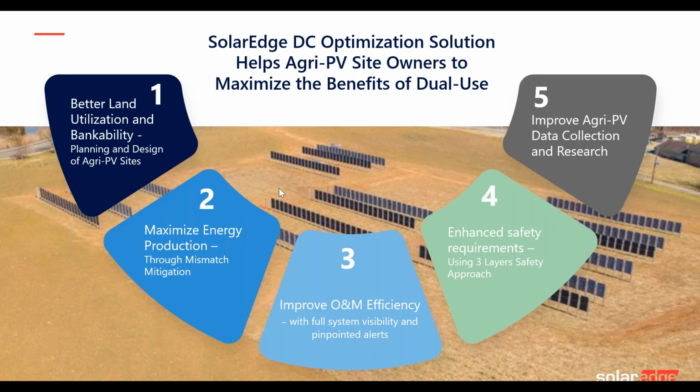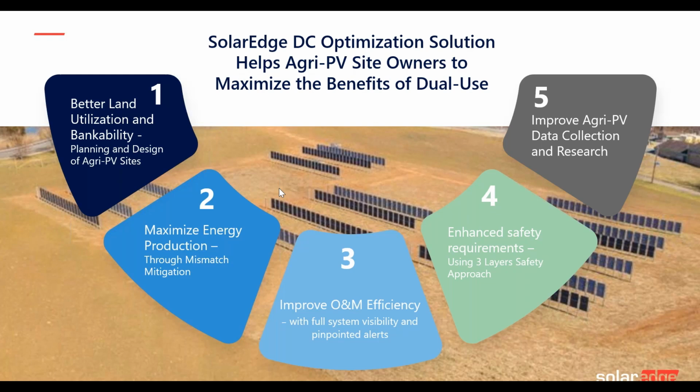The first thing that we need to consider is that the solution must be able to achieve better land utilization and also ensure bankability. And second thing is to maximize energy production. Third thing is to improve O&M efficiency, because again, in these sites, it's more challenging to enter the site, and also in case that there is a problem with the PV system, to fix it or to analyze what the problem is.